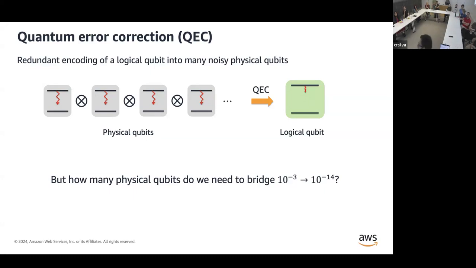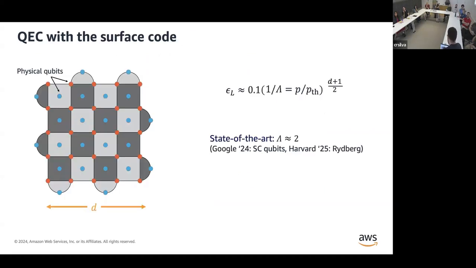I use this number because it is, for example, what you would need to break 2048-bit RSA, if you want to run Shor's algorithm. And I'll tell you how many physical qubits; unfortunately, a lot, from what we know today.